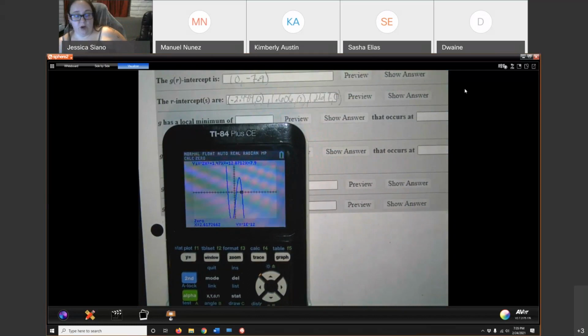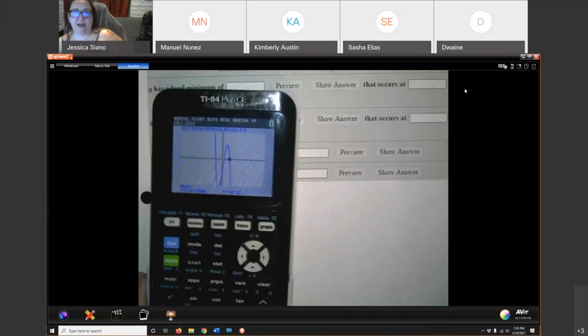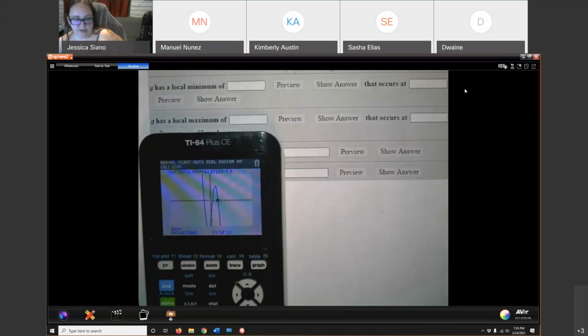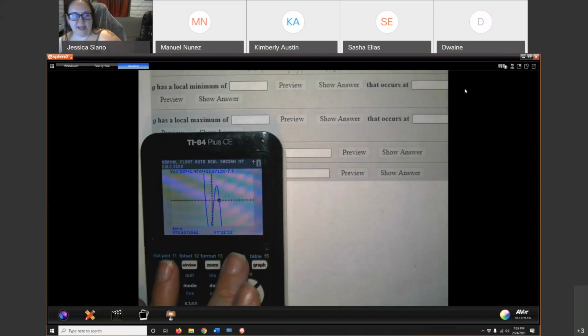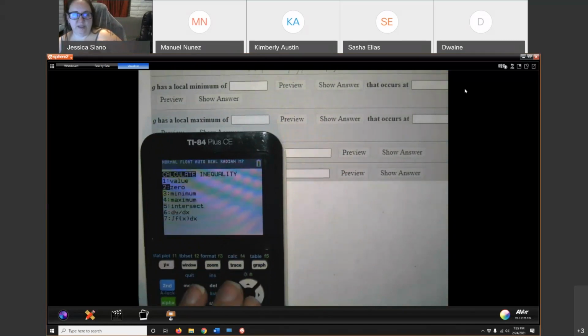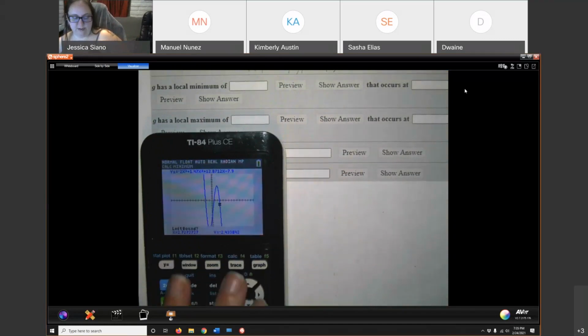All right. We're also going to use the calculator to find the minimum and maximum. So I know I have a minimum down here somewhere. So I'm going to press second and then trace to get to calc again. Only this time I want a minimum. And then after that, the process is the same. Move the cursor anywhere to the left and press enter.